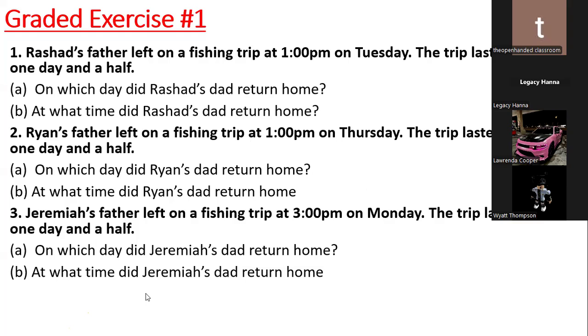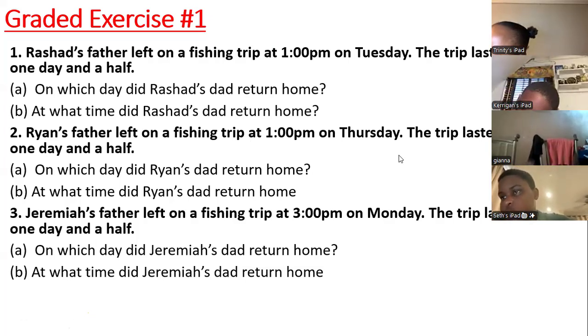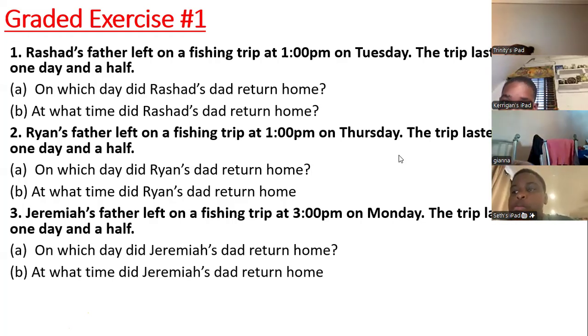All right, Madeline, what number you on? I'm on number 1. A or B, or you just writing it down first? I'm on B. Number 1B, okay. Please write the question down and answer it at the same time. Do not write all the questions down and then answer them.